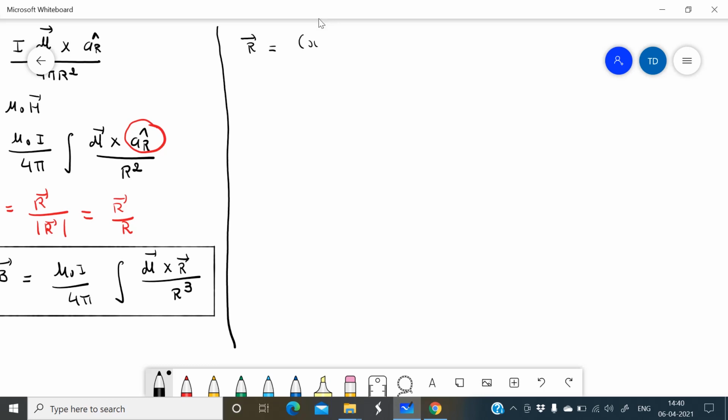It has a destination point x, y, z and a source point x dash, y dash, z dash. So we can write the r vector as (x minus x dash) ax plus (y minus y dash) ay plus (z minus z dash) az.